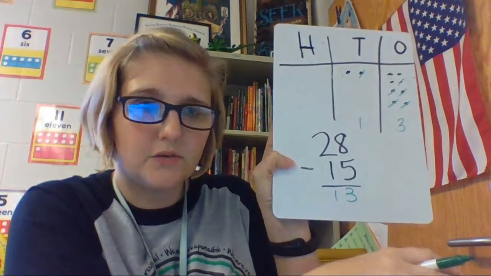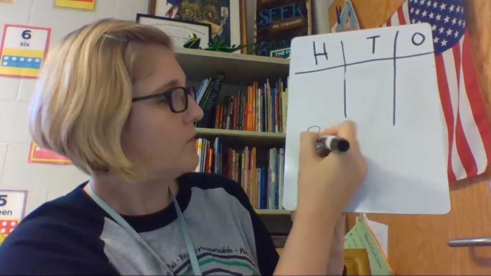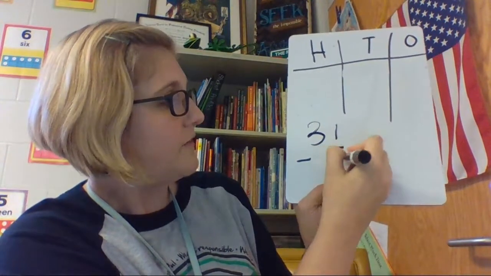So as you start to use this model, when students start to have to unbundle, it's a really, really great tool. And you may want to do that starting out with problems that are simple, where you only have to use one digit that you're subtracting from. So if I have 31 minus 5.